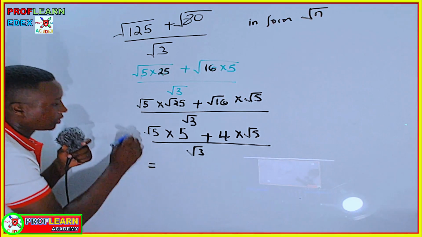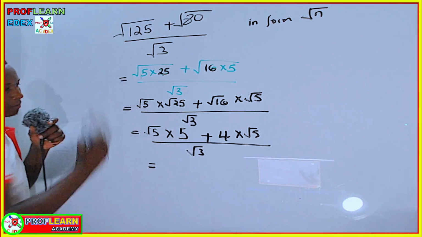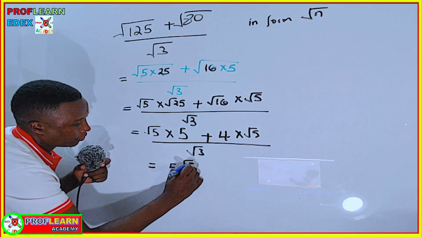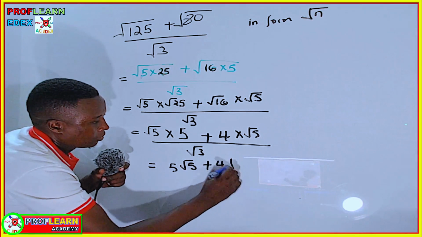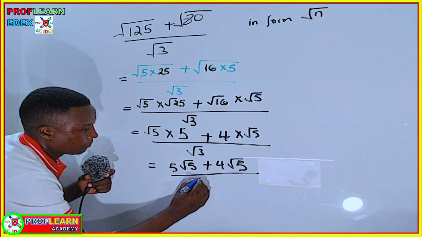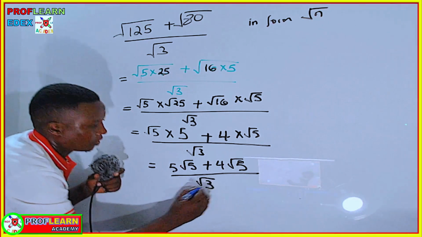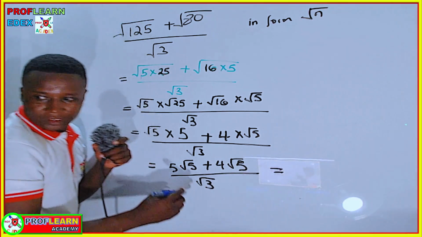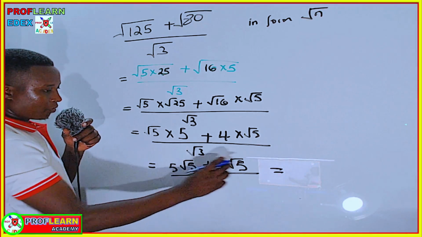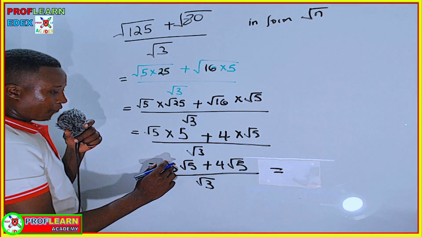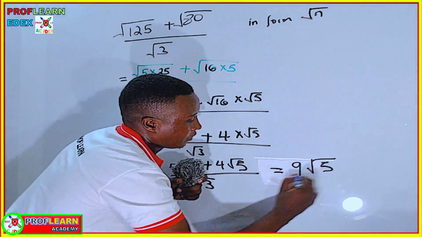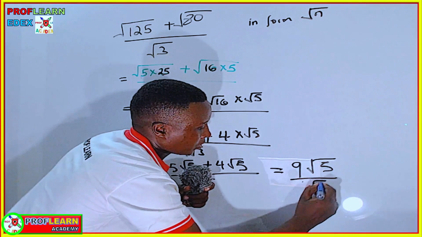This translates to 5 root 5 plus 4 root 5, divided by root 3. Because both are root 5, I can add 5 and 4 and get 9 root 5 over root 3.